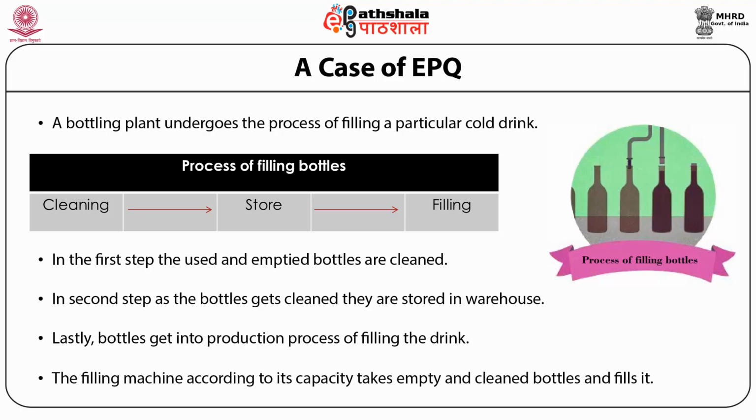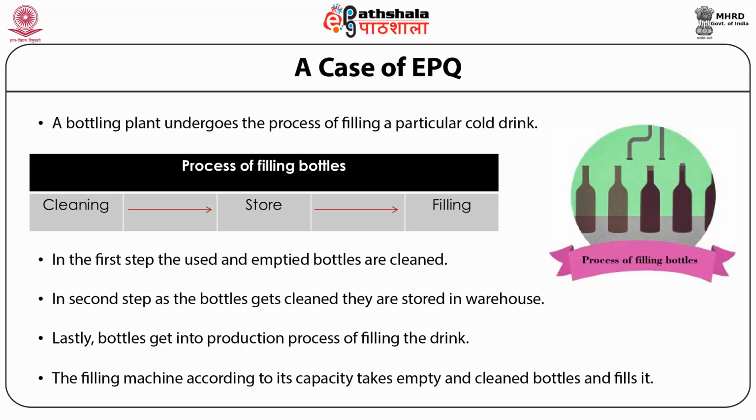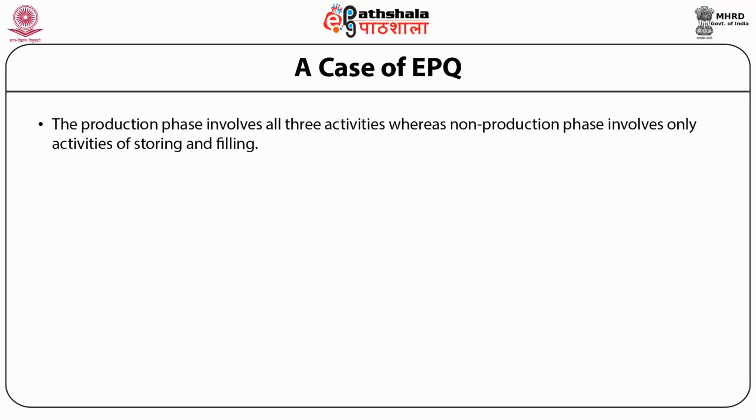The filling machine, according to its capacity, takes empty and clean bottles and fills them. So process of filling bottles is cleaning, then storing, then filling. The production phase involves all three activities, whereas non-production phase involves only activities of storing and filling.